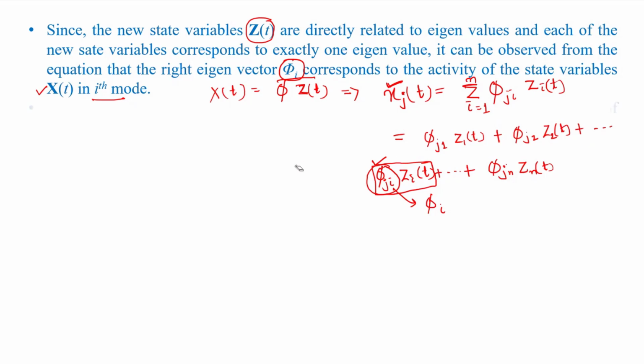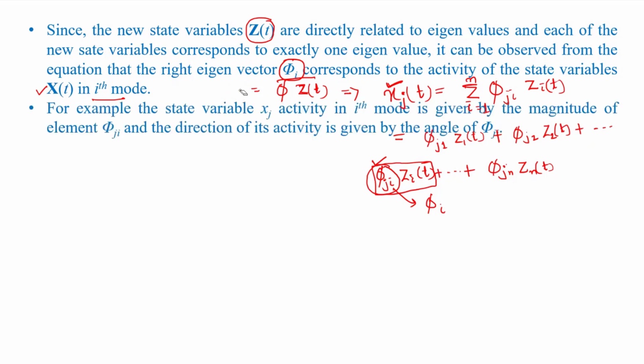What it means, in fact, is that for the state variable x_j, the activity in the ith mode is given by the magnitude of the element phi_ji, like I have explained here. So this element phi_ji of the ith right eigenvector will give the activity of the jth state variable in the ith mode, right?